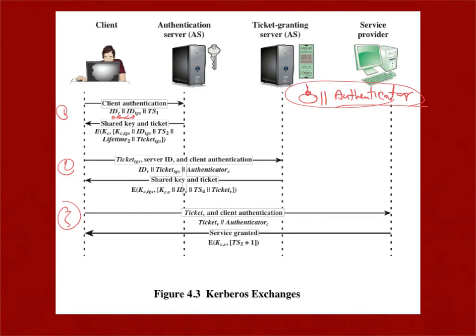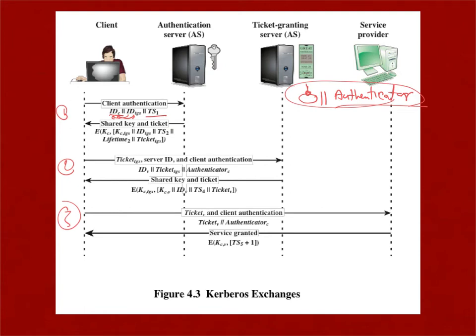And then IDC is your username only. This is C for client, and ID means your username. So ID and timestamp 1. And why timestamp 1? For replay attack. Okay?